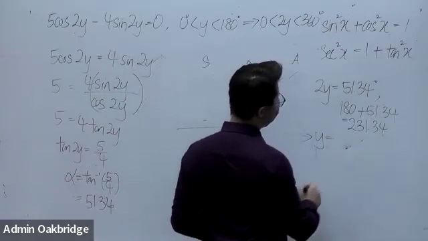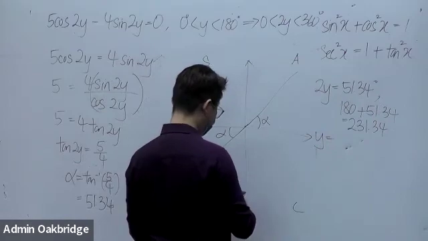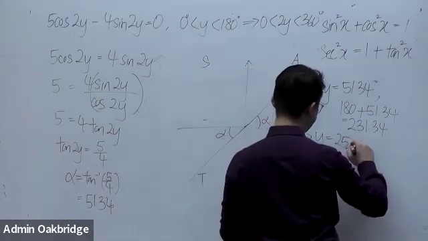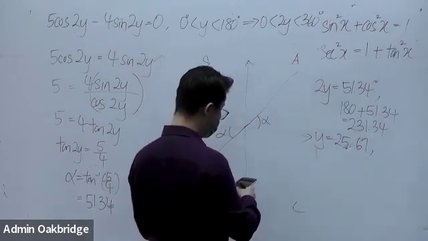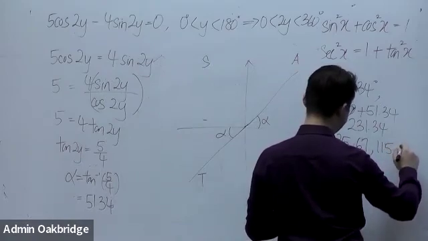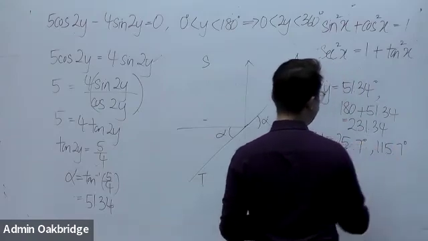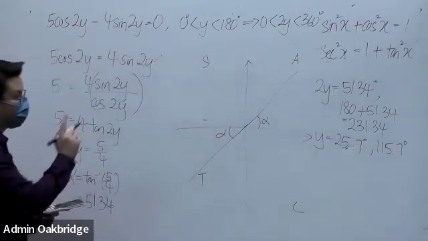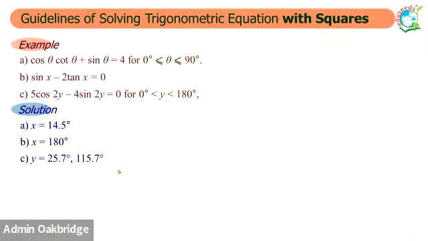So divide this value by 2. 25.67, another one, 231.34 over 2, 115.67, right? Always remember, if the angle is in degrees, you must give 1 decimal place for the answer. All right, correct. I think we finished.